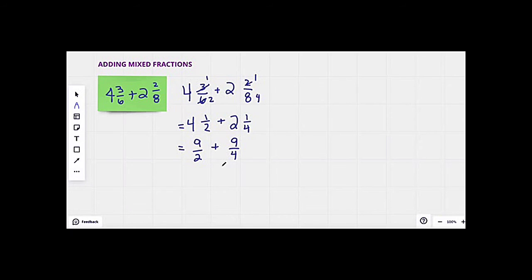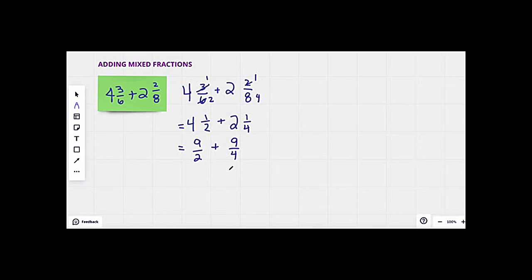Now, don't start adding yet. Remember, our denominators must be the same before we add. It's very important. A lot of people get adding fractions wrong because they forget that very important step. In adding and subtracting, your denominators must be the same. So how do we get this denominator to be the same? Well, we need to find a common denominator. So that means that there's a number in the 2 time table that is also found in the 4 time table.